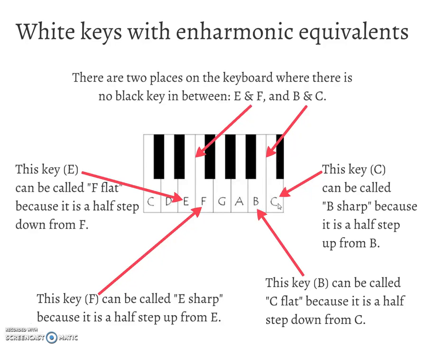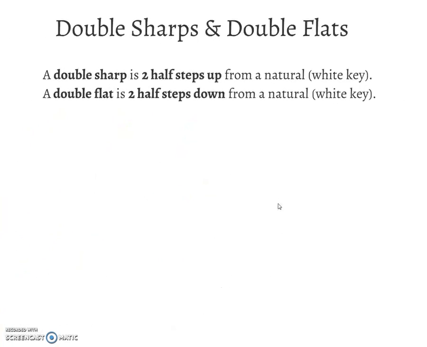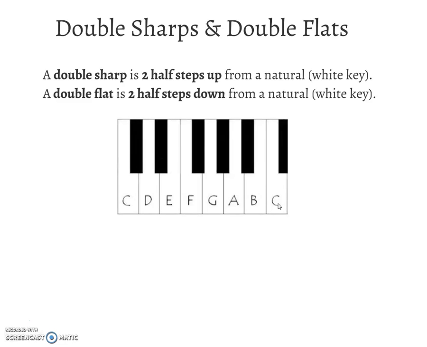We're going to look at even more of those because we're going to talk about double sharps and double flats. A double sharp is two half steps up from a natural, a white key, and a double flat is two half steps down from a natural. Here's our keyboard.